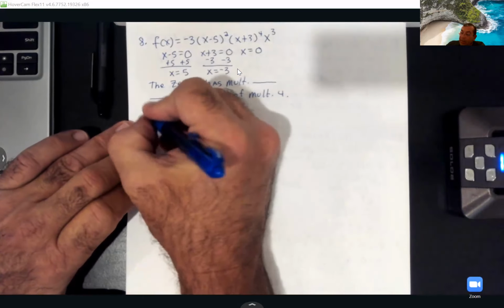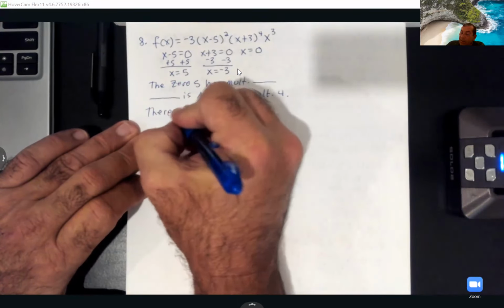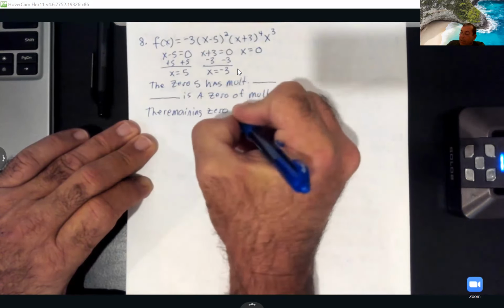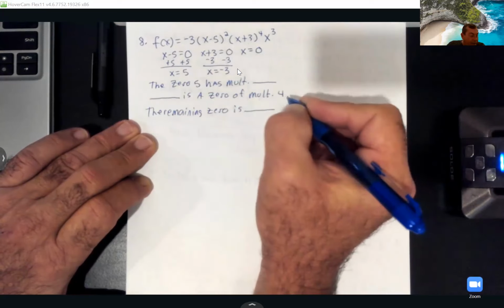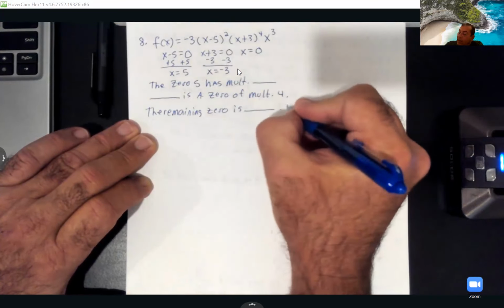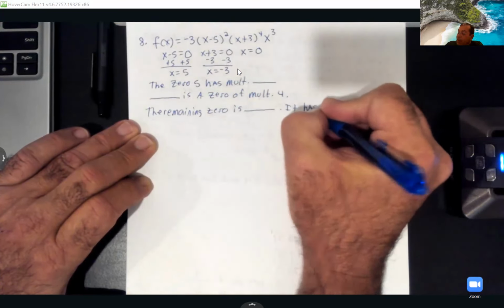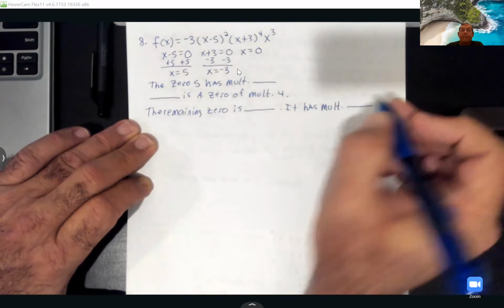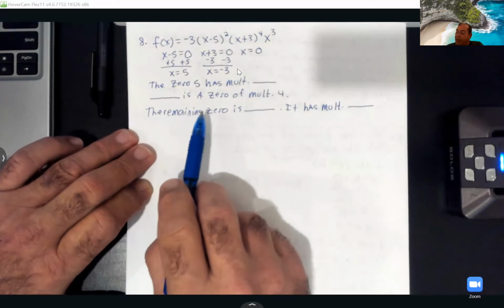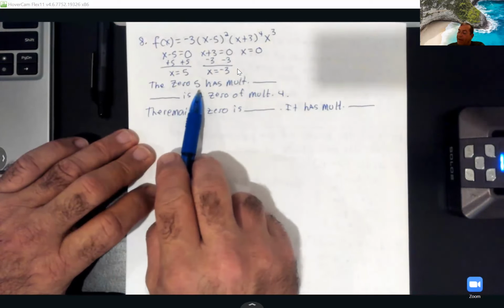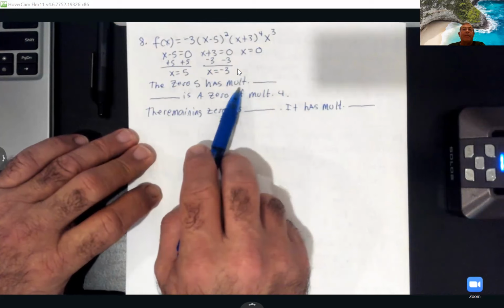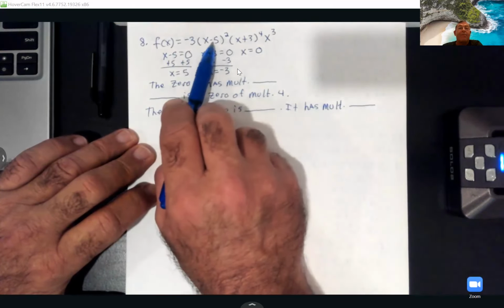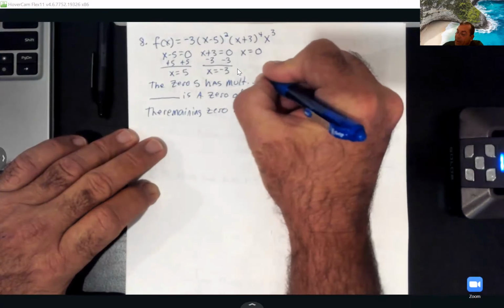And then the remaining zero is blank. It has multiplicity blank. So let's figure this out. The zero 5 has what multiplicity? So let's see, 2. There you go, because it came from the x minus 5.